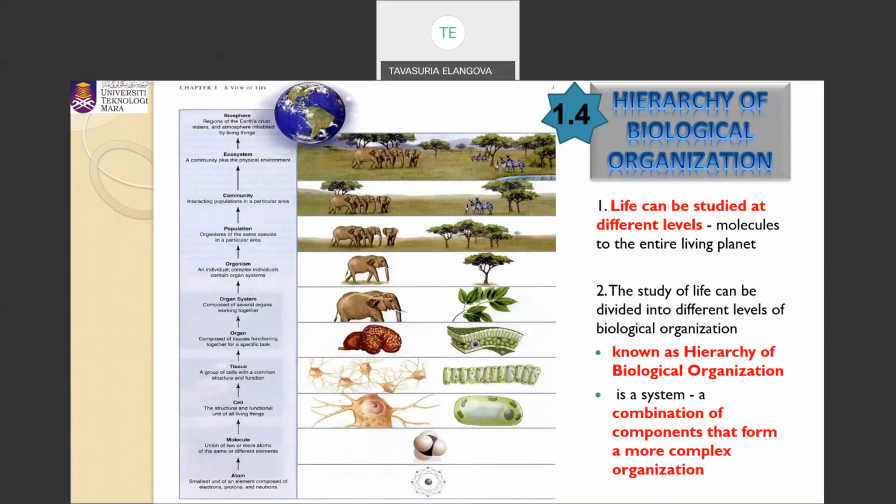Actually, life can be studied at different levels. The study of life extends from small to large scales. These levels, known as the hierarchy of biological organization, form a system that consists of a combination of components that form a more complex organization.